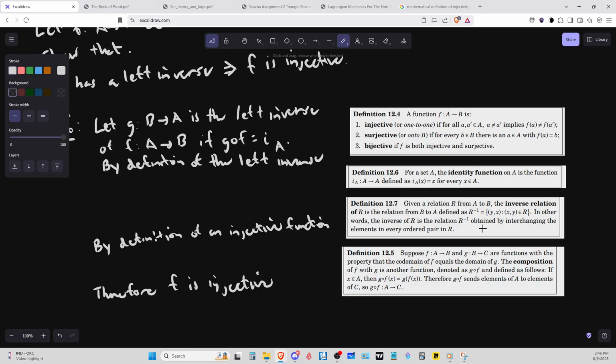So suppose that our functions, the composition, be written, denoted, defined below.